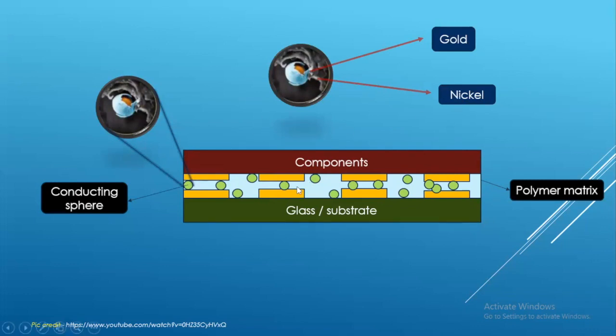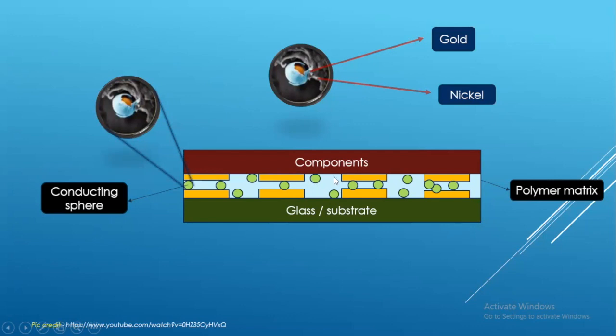What happens when you press the circuit board side ribbon tape on the glass substrate? These conducting spheres will be pressed between these contacts, and they will make a conducting contact between the PCB ribbon tape and the glass substrate.